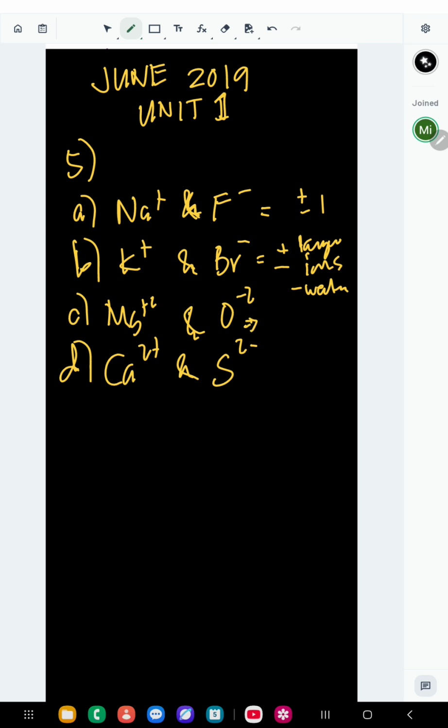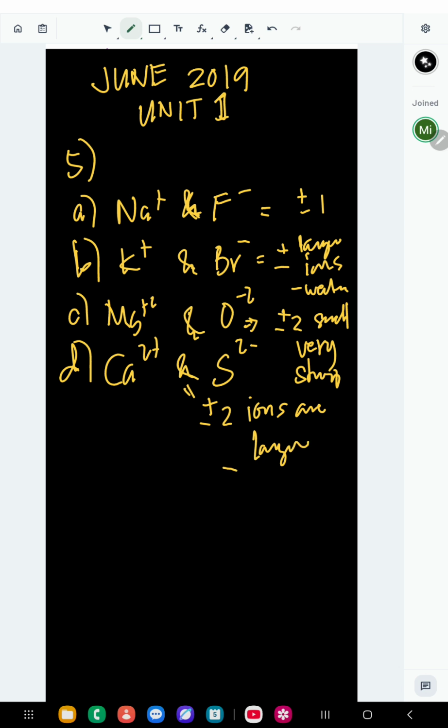Then this one, magnesium and oxygen, the charges are plus minus 2, and they are both small. So the bond between them is very strong. While calcium and sulfur, the charges are both plus minus 2, but the ions are larger.